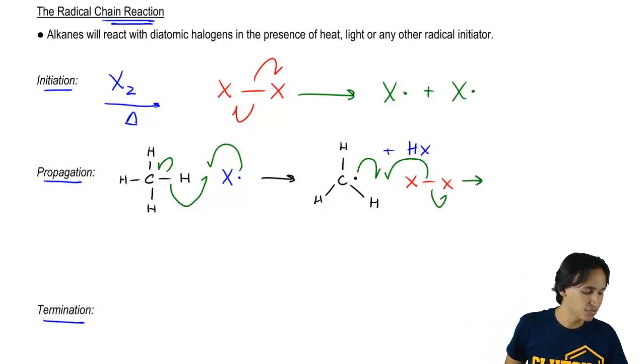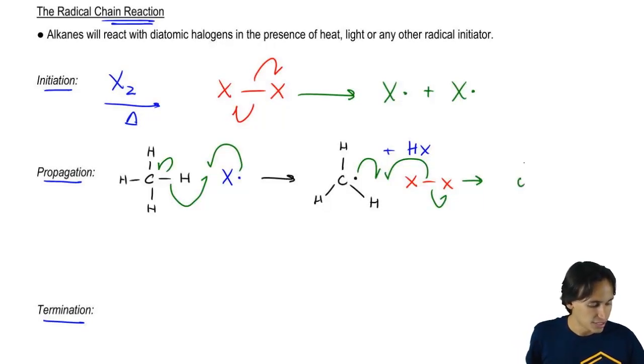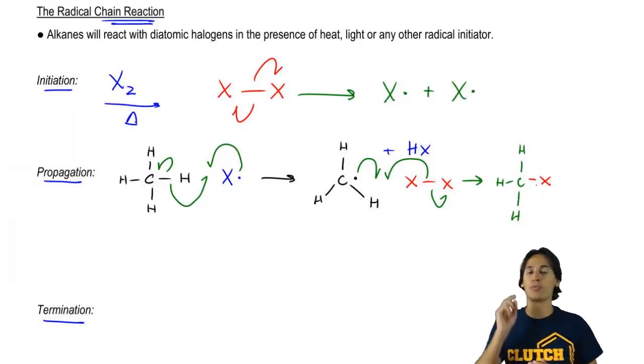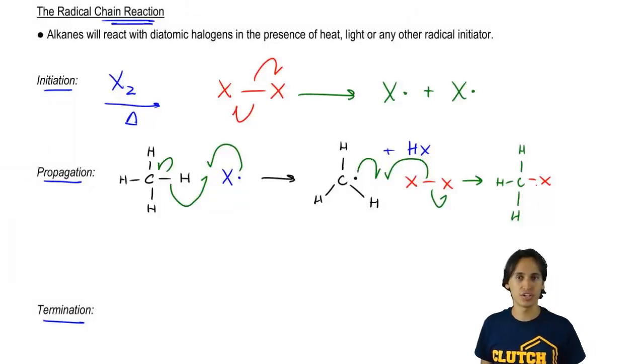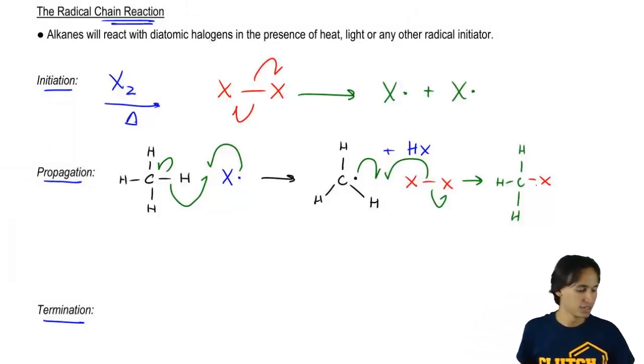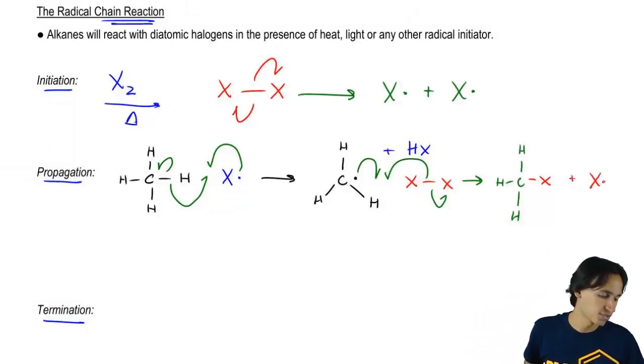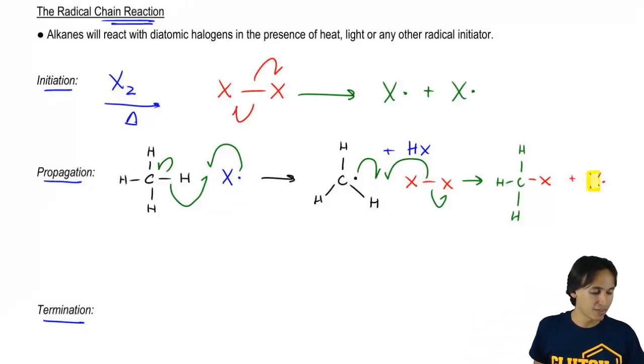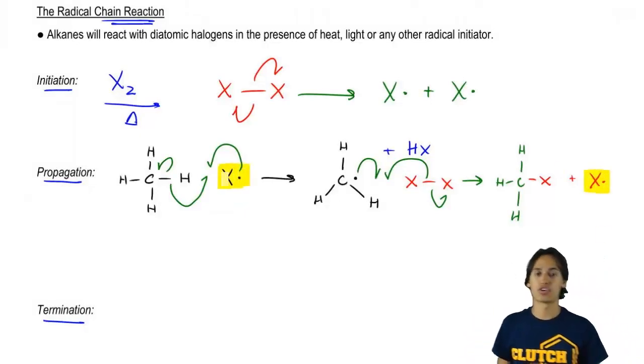So what I'm going to get at the end of this step is, now notice, C, H, H, H, but now I've got an X. Okay? What do we call that functional group when we have a carbon and a halogen attached to each other? Alkyl halide. And notice that now I'm going to have X radical. So that's the end of my propagation step, because now I have the same exact radical that I started with.